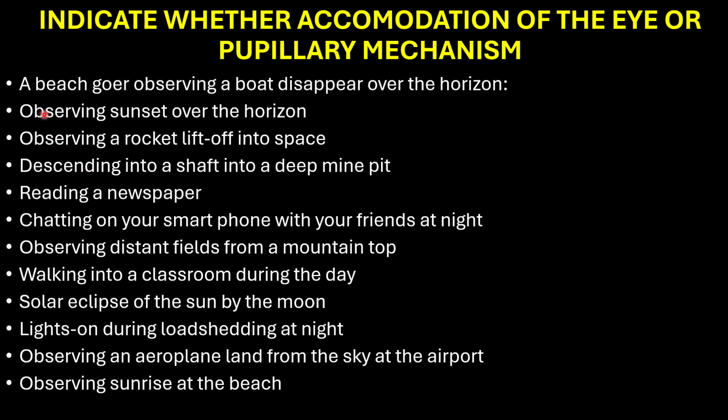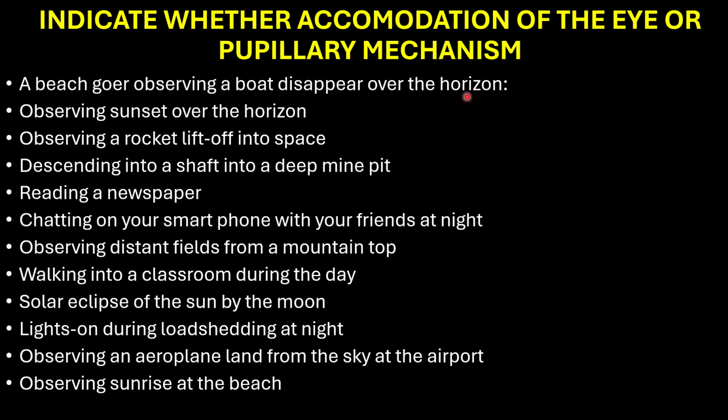If you look at this first scenario, we have a beachgoer observing a boat disappearing over the horizon. You are supposed to describe how the eye is able to see under this condition. But then you have to indicate whether this situation is accommodation or pupillary mechanism.